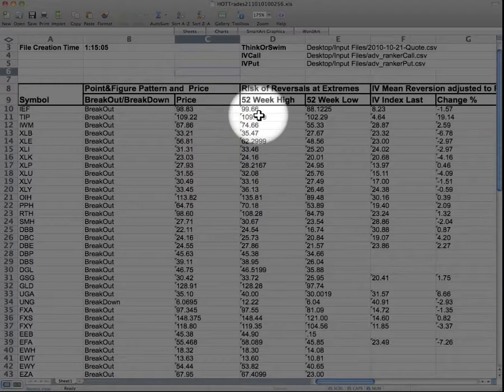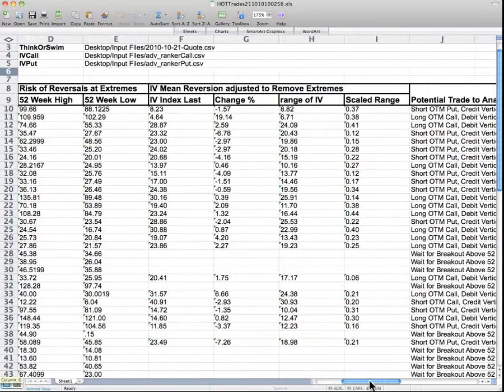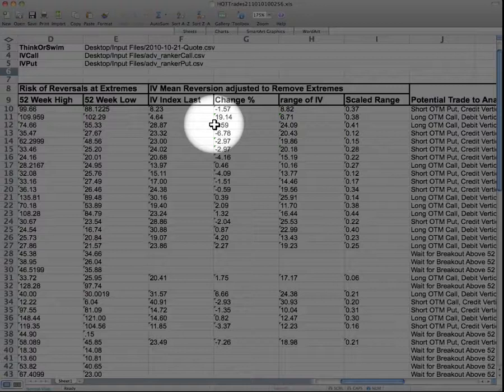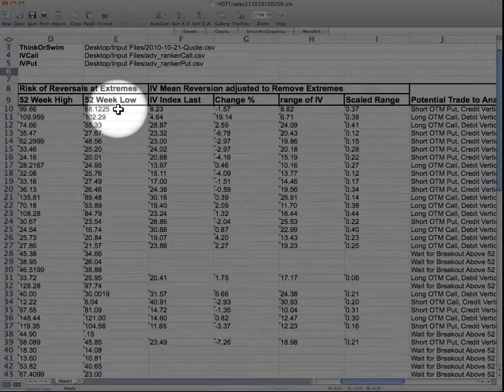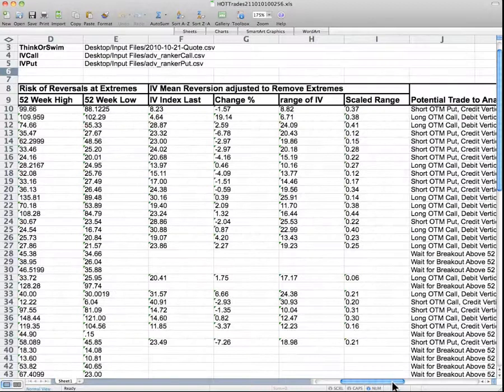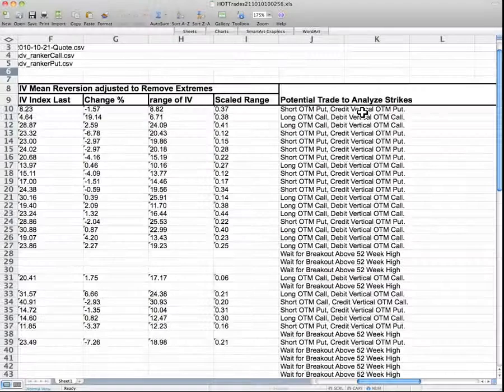And based on the inputs of price, the 52-week high, the 52-week low, the implied volatility mean reversion studies within iVolatility, it removes the extremes here as well. The risk of reversal, it removes the extremes, and what you get is the potential trade recommendation to further analyze and refine the option strikes.